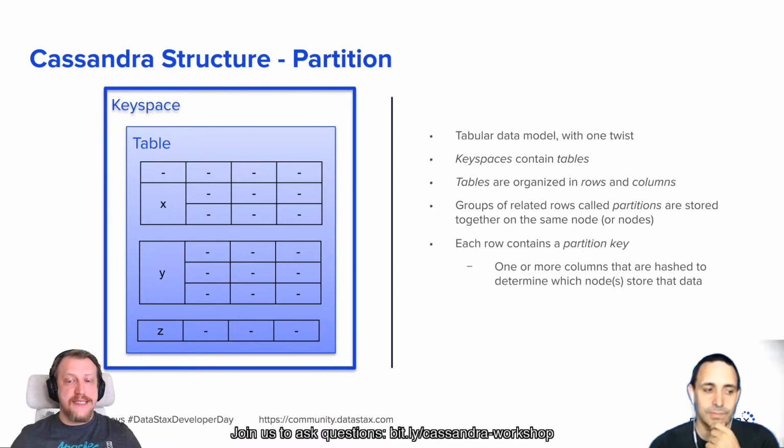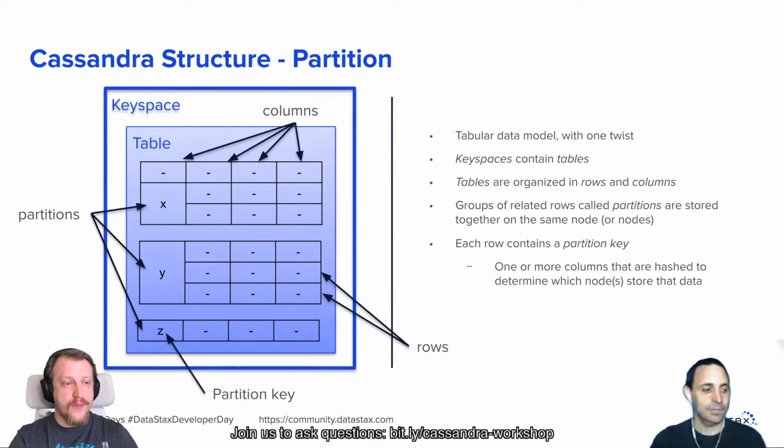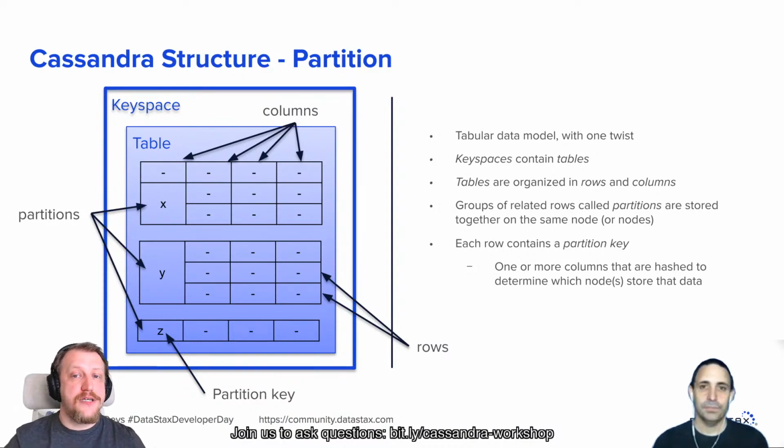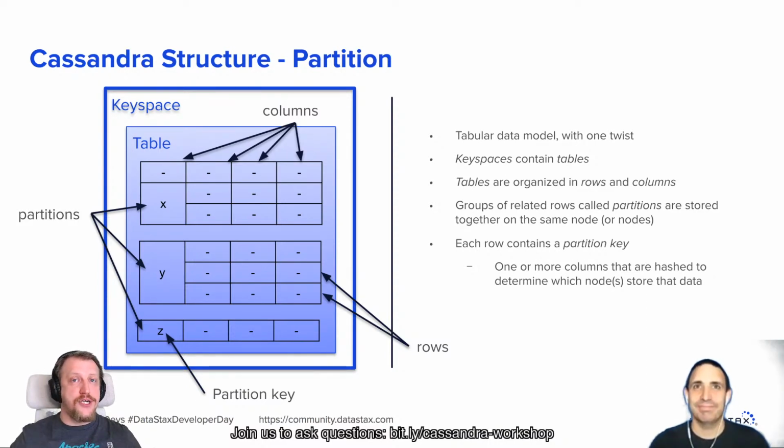All the data is grouped into partitions based on the partition key. We have the same columns and rows, but rows are grouped into partitions. A partition is stored together on a server. So all the rows in partition X will be stored on the same server, and it's very easy to retrieve them.